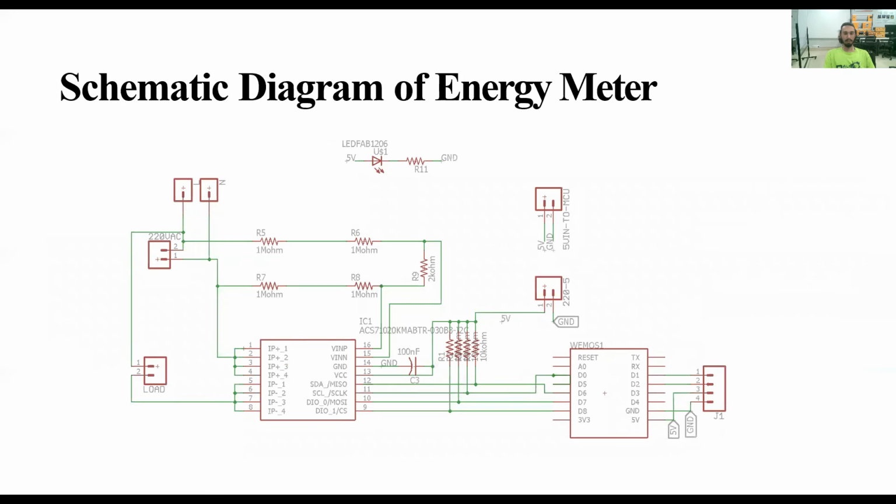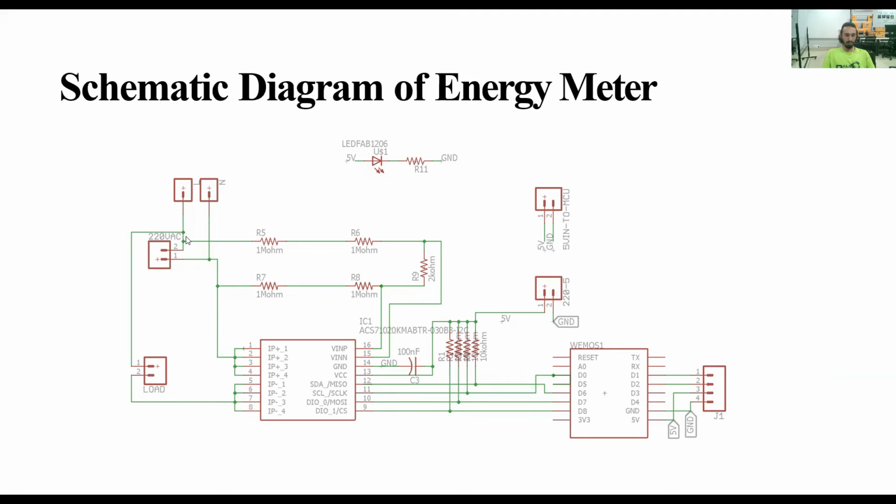This is the schematic diagram of our energy meter. Actually, we can see that the 220 volt is connected with the load, and the load is connected with the 5, 6, and 7 pins of our IC that are internally fused, and the second line of 220 volt is also connected with the first 4 pins.